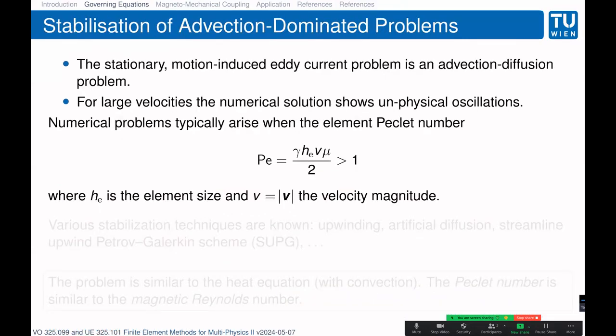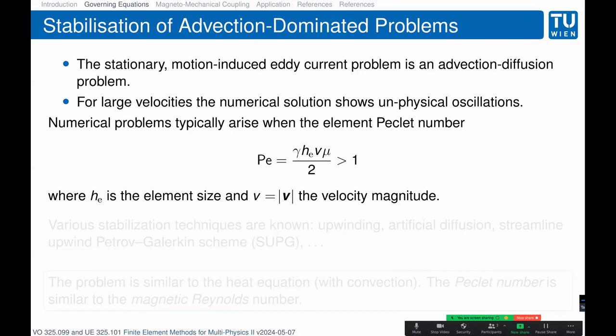Another important thing for this kind of problem: whenever you have convective terms, you can encounter numerical instabilities. This is common for all advection-diffusion problems. For large velocities, you typically get unphysical oscillations in your solution if you don't use any stabilization techniques.